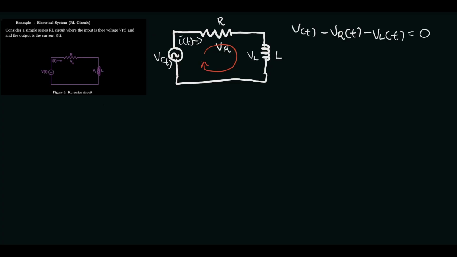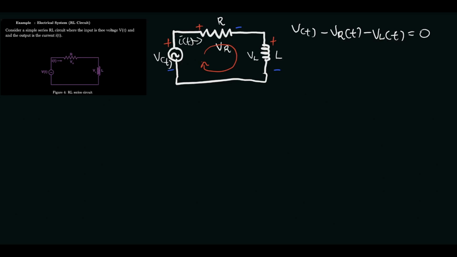That is because, let's say, this is positive, positive, positive, and this place is negative. That's how we derive this.